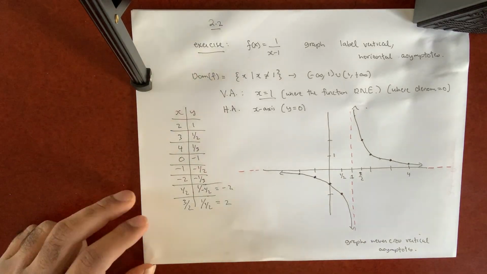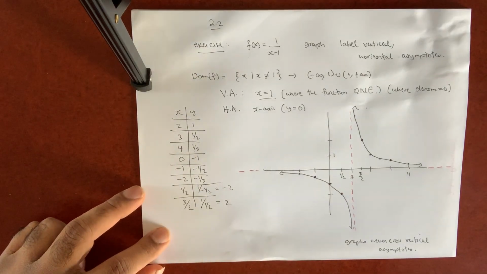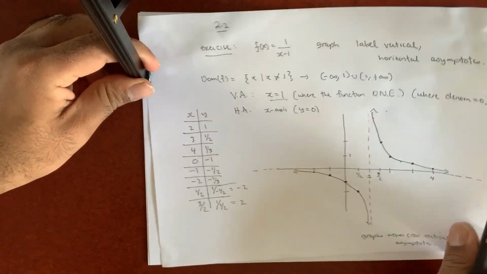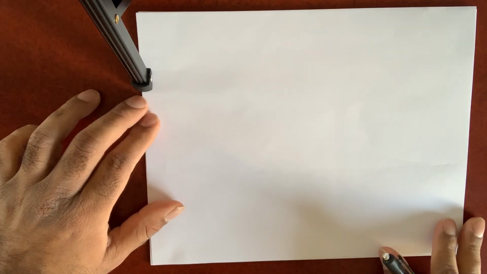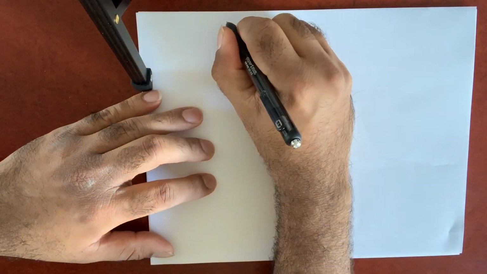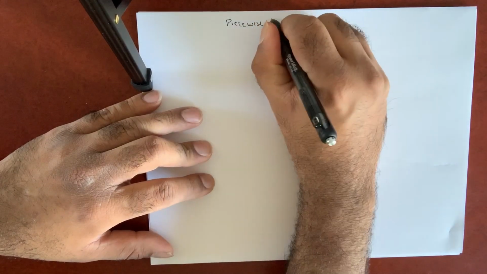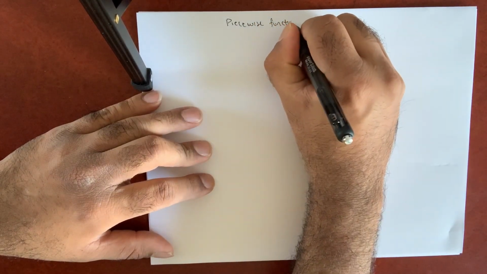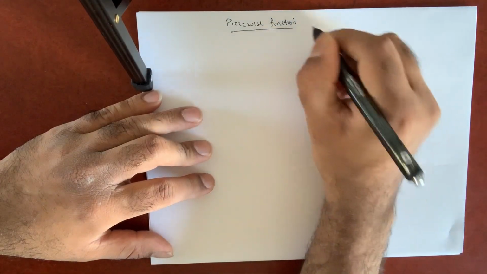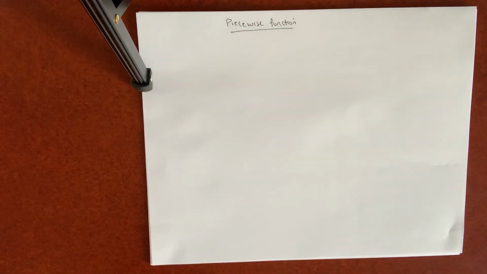Okay, let's go to one last kind of graph that we're going to see here, and this is what's called a piecewise function. So what is a piecewise function?